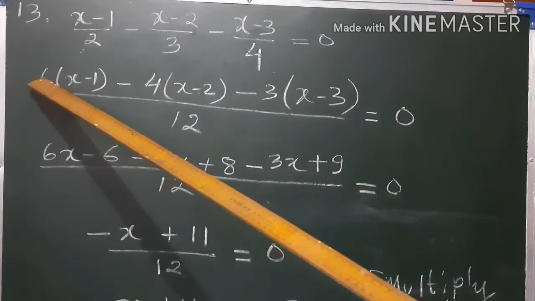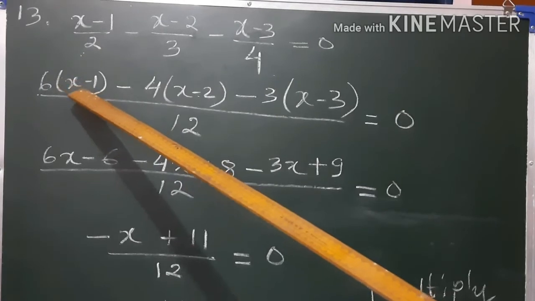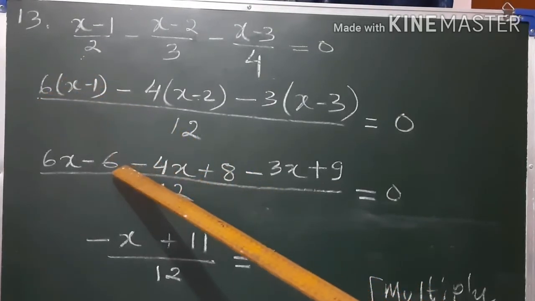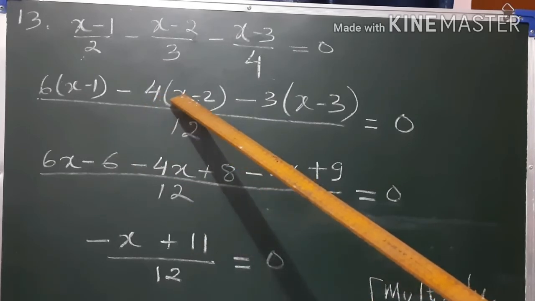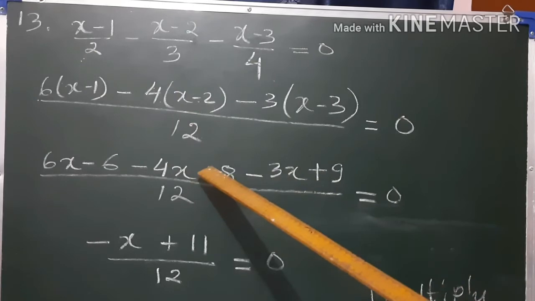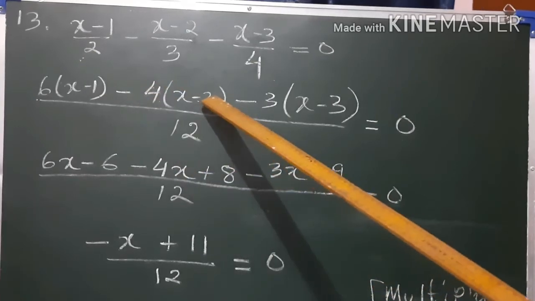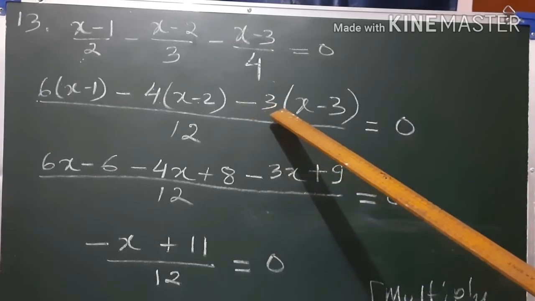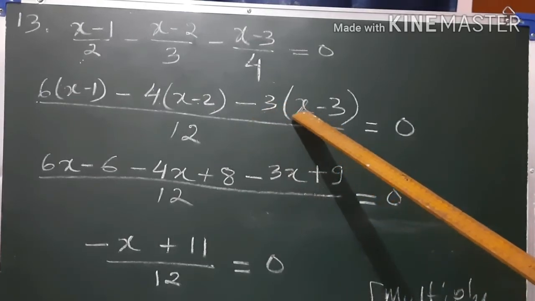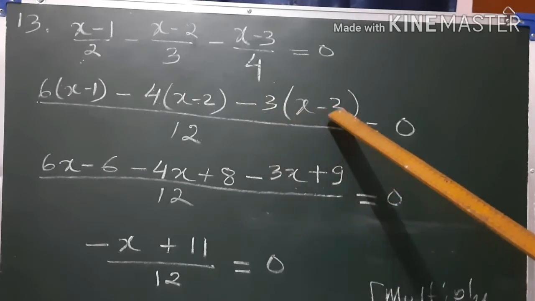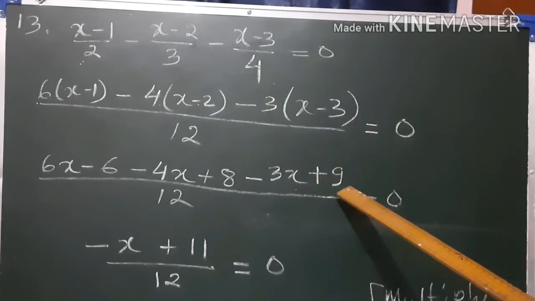Now multiply this: 6x, minus 6 1s are 6. Now 4x, so this is 4x. This minus and this minus become what? Plus. So 4 2s are 8. Now minus 3 into x is what? Minus 3x. Minus 3 into minus 3, you get plus 9.